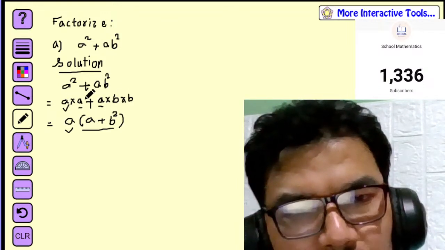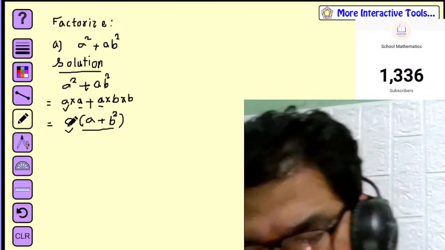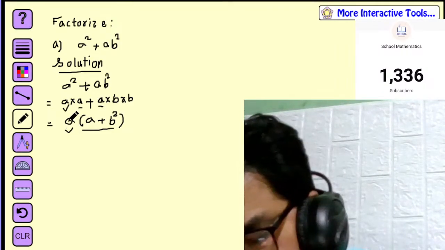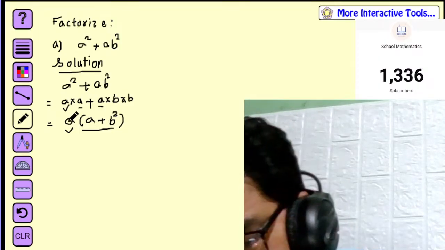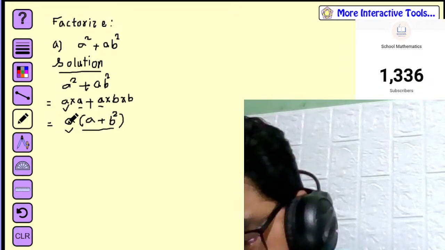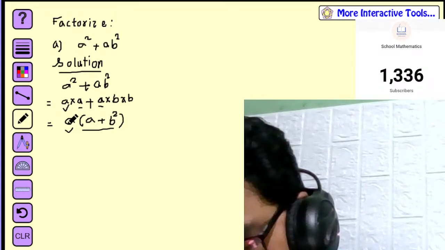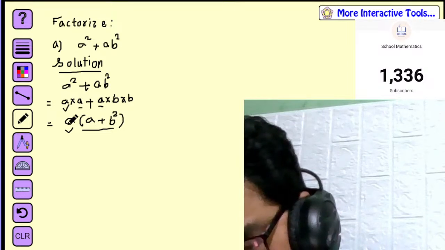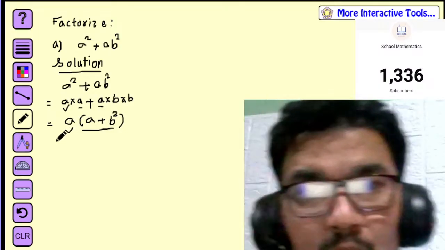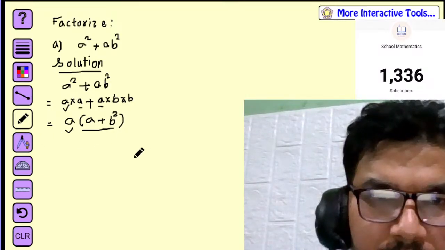In these terms, the factor which is the same is known as the common. Okay, now I am moving to the next question.